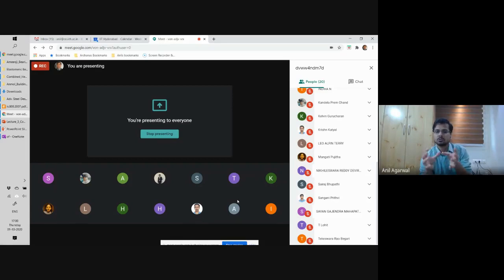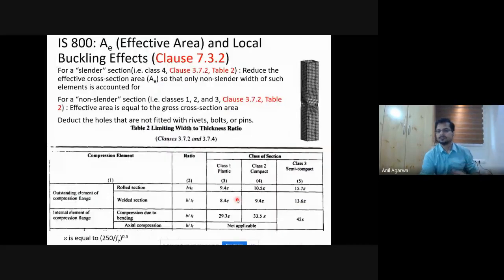That is, the stockiness has to increase, right? So either you increase the thickness or you reduce the width of the plate. Does it make sense? Does it sound intuitive or is it counterintuitive?